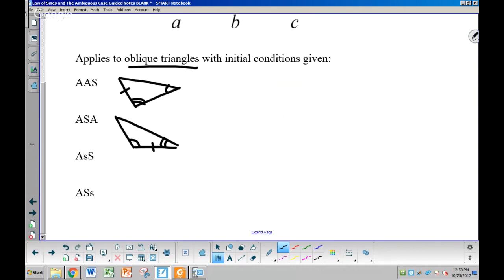Now, this next one, I have the S in the middle here is a little s, which means that's the shorter side. So I can have an angle with a short side and then a longer side. So I have an angle, short side, longer side.